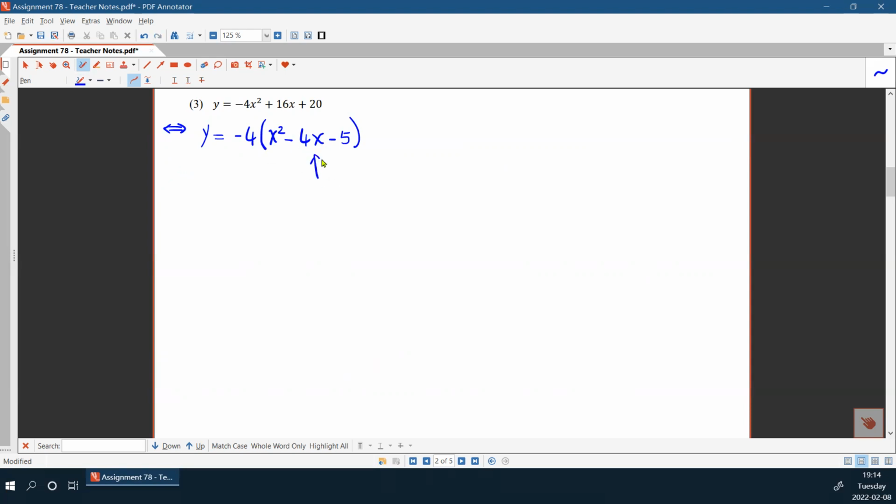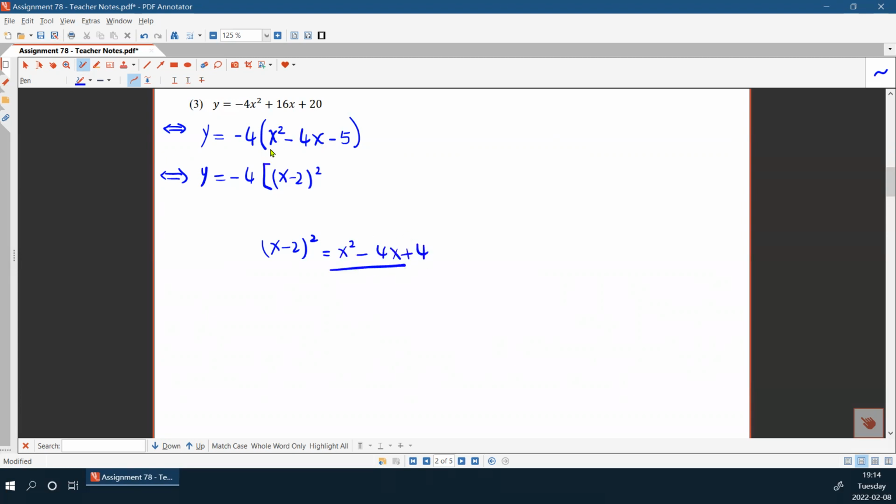Then next, because we have a -4x, which can be rewritten as 2 times x, then times -2, right? So you need to try the other number is -2, so basically you can try (x minus 2) squared, right? Okay, so let's see what will happen. Y equals -4 times (x minus 2) squared, right? And if you expand it on scratch paper, you will get x squared minus 4x plus 4.